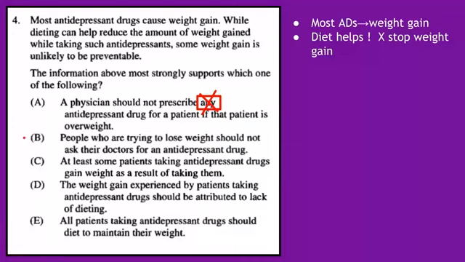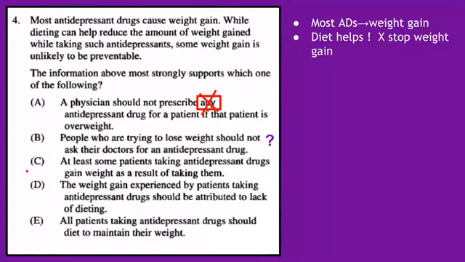Let's take a look at B. People who are trying to lose weight, okay, lose weight, weight gain, should not ask their doctors for an antidepressant drug. This is a really tempting answer choice. Let's put a question mark here because we know that here they don't want weight gain, so they can't stop it. Here, these people are trying to lose weight, not taking antidepressants. That sort of all fits together.